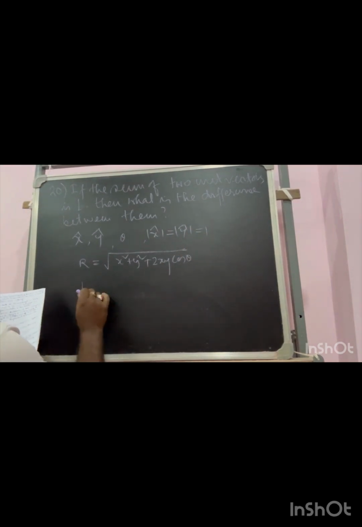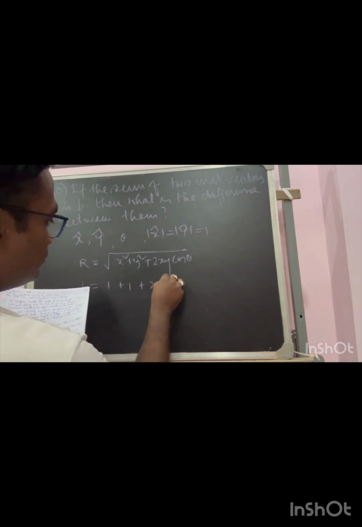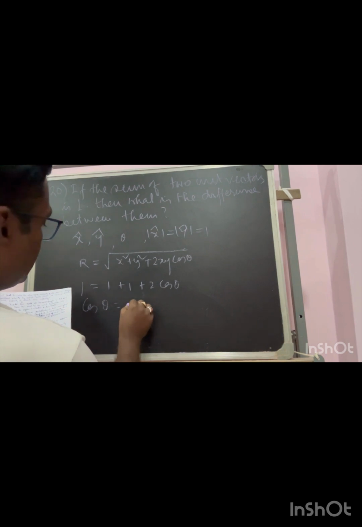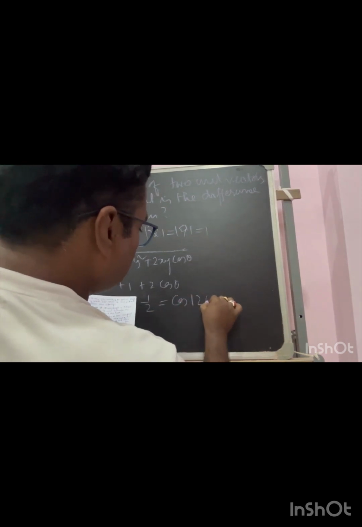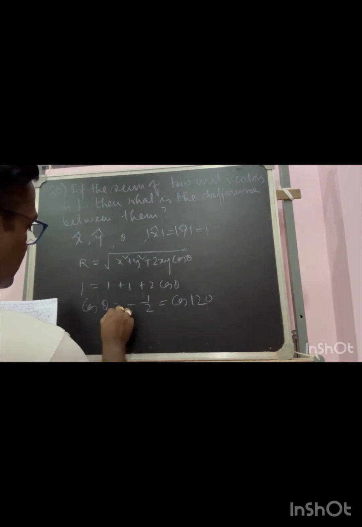So you can put this value also. So ultimately this is 1 plus 2 into cos theta. So cos of theta is equal to minus half, that is equal to cos of 120. Very recently we have solved this value. So theta is equal to 120.